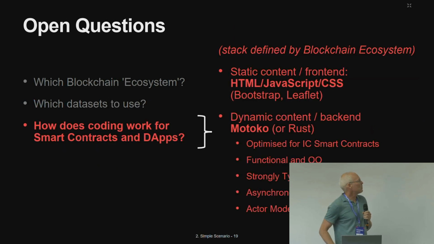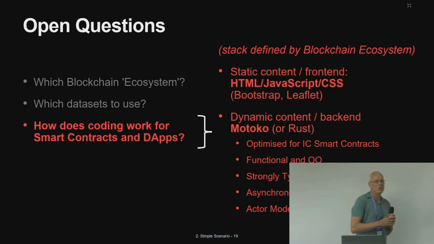And last but not least, of course, what's the technology stack that I will use? This is more or less defined by the selection of the ecosystem. So all this static content, that's plain HTML, CSS, etc. And more interesting is how the backend works. In fact, you can code within this Internet Computer ecosystem with two programming languages.